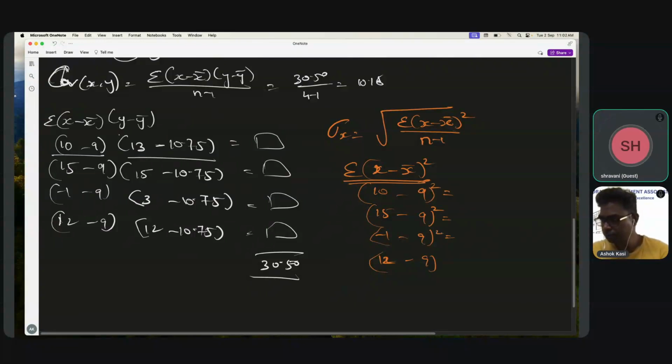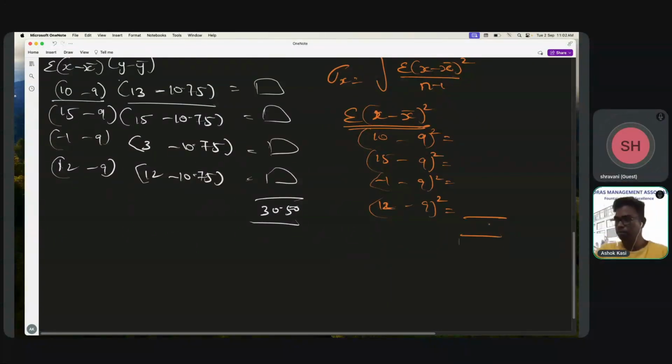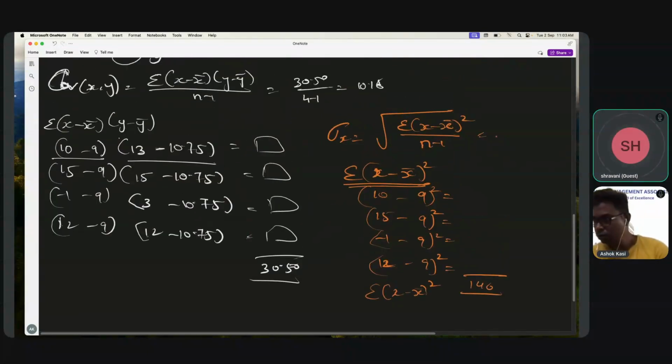Square. Calculate. 146. So root of 146 divided by 4 minus 1, which is 3.